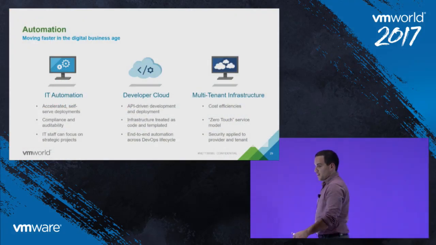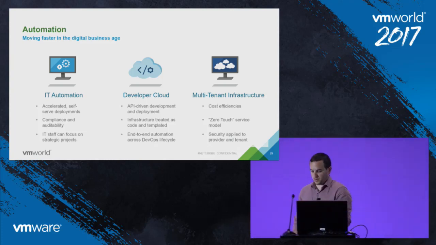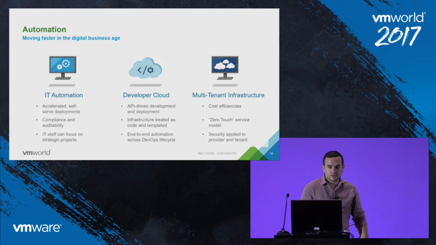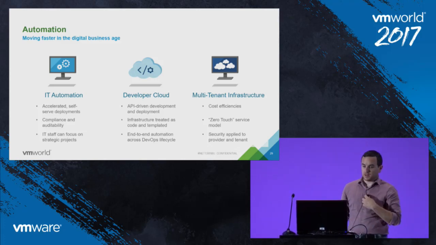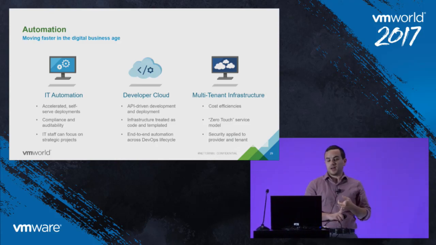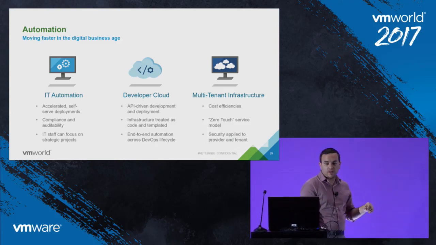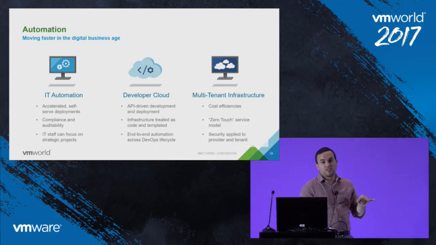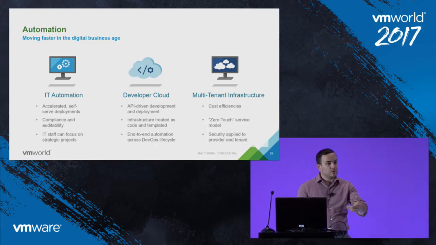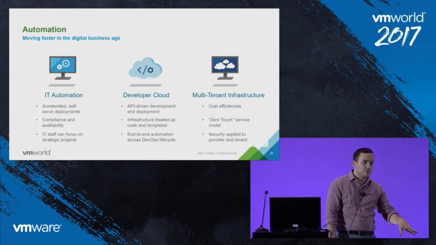We're just a couple of last orders of business here before we get to a little bit of Q&A. Just to recap what we talked about today in terms of the primary automation use cases around NSX: IT automation. That's accelerated self-service deployment, increased compliance and auditability because everything is standardized. There's that single point of failure. If there's a problem with something, it wasn't some individual setup.